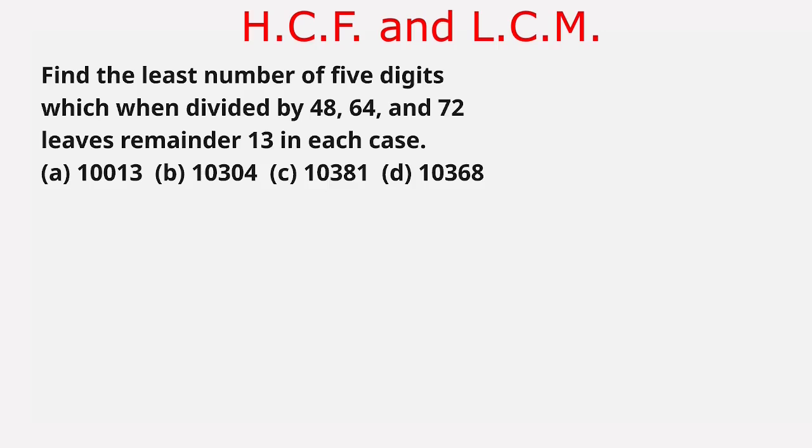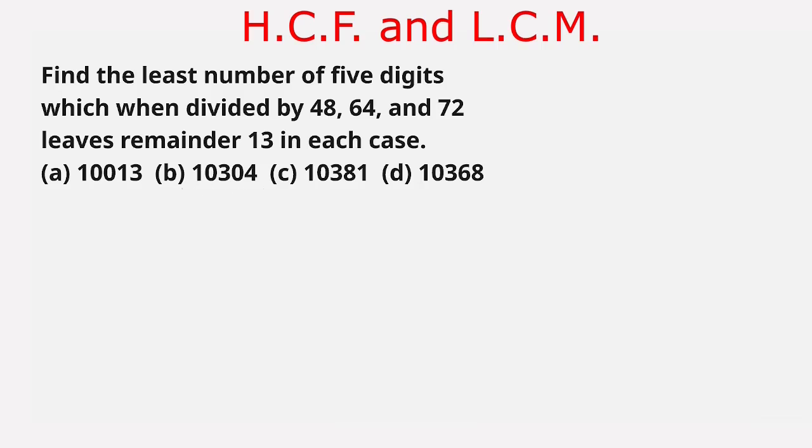Our one number is 72, which is multiple of 9. If we subtract 13 from given options and if that number is divisible by 9, then that might be our answer. And if that is the only number, then that will be our answer. From option A, if we subtract 13, then it will be 10,000. And 10,000 is not divisible by 9 because the sum of digit is 1 and it's not 9.